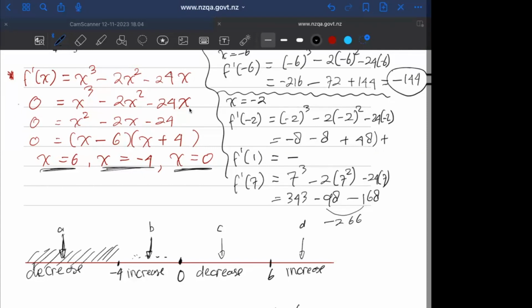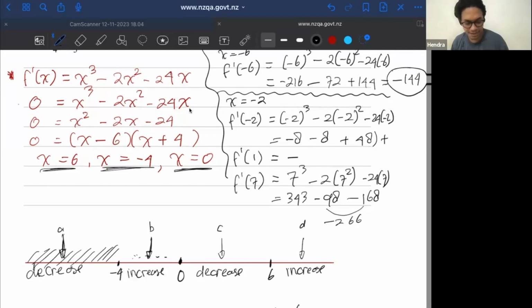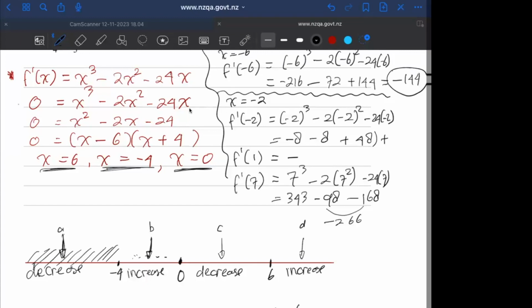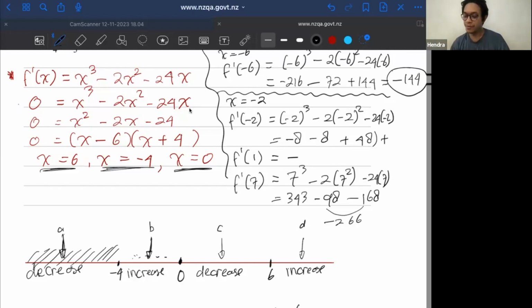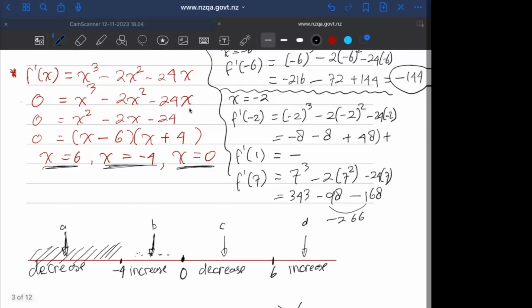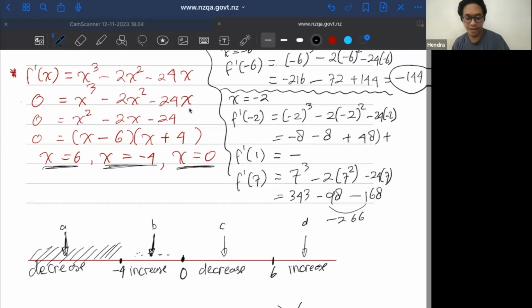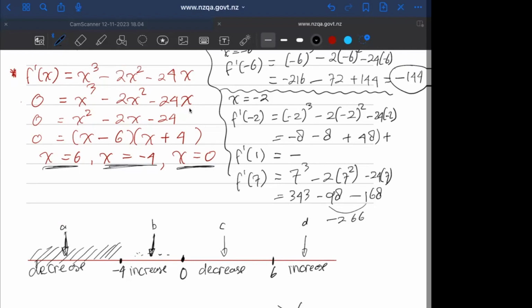What number do you want to test? Maybe -1/2. No, negative 1/2 would be on B. We are doing A, below negative 4. Maybe negative 6.5.